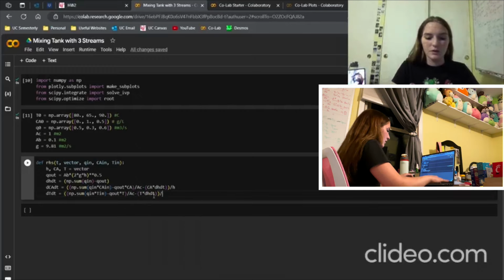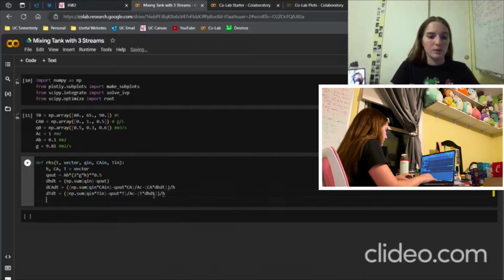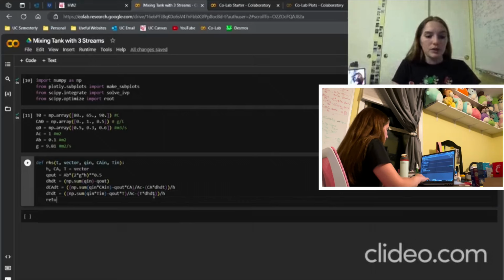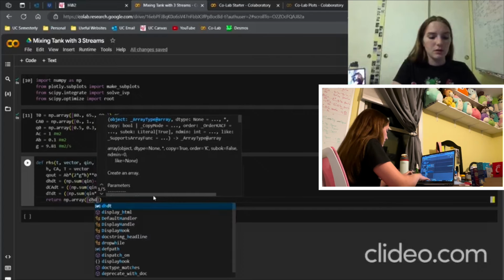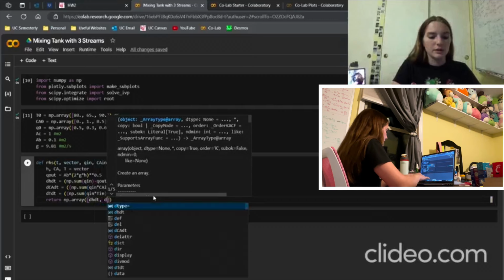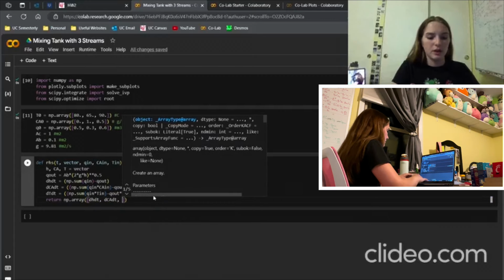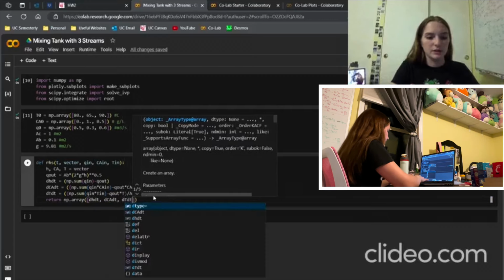And then all of this is divided by our height also. Now we need to return the value of our right-hand side, so we need to have this in an array since we have 3 equations of our dH/dt, our dCA/dt, and our dT/dt.